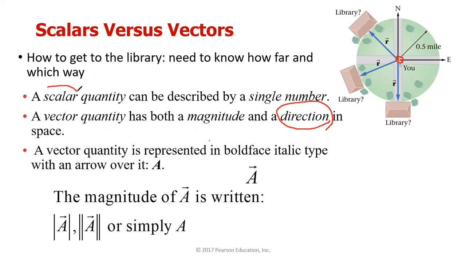A scalar is a quantity you can describe with a number and a unit. On the other hand, a vector has a magnitude and a direction. Magnitude means how big that one is. These are two different things.